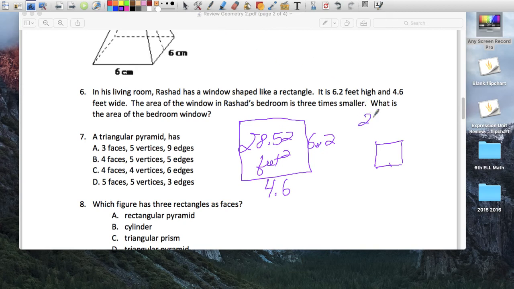That gives us a very ugly decimal, which you're going to round to the nearest hundredth, and the area is 9.51 feet to the second power. And that is the area of our window in the bedroom. It's actually quite big.